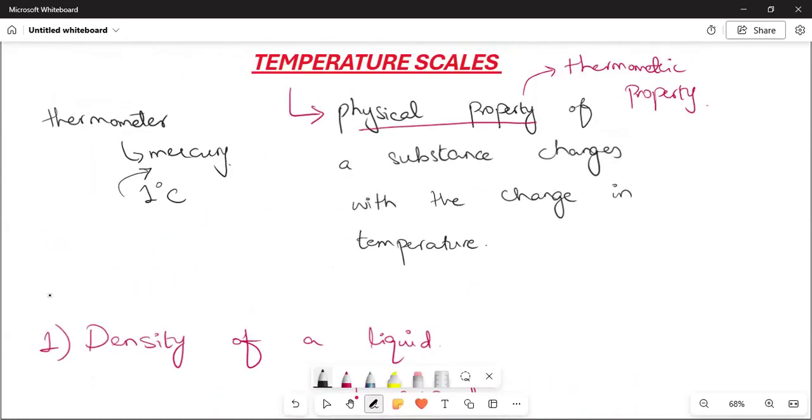So temperature has already been defined, but first we see which physical property can change with the change in temperature, so that we can equate that physical property in terms of temperature. How to equate that is not part of any syllabus at IGCSE or A levels, so you don't need to learn that. But you should just remember that a thermometric property is used to equate it to Kelvin and to measure the temperature.